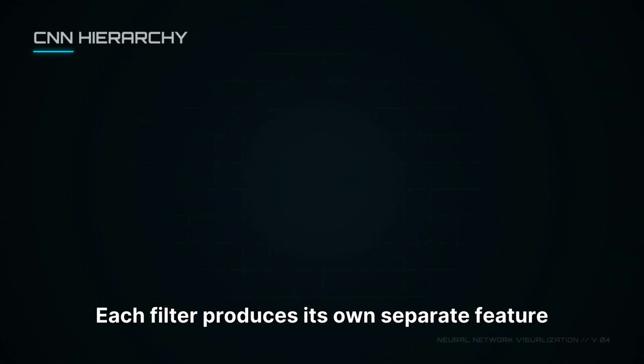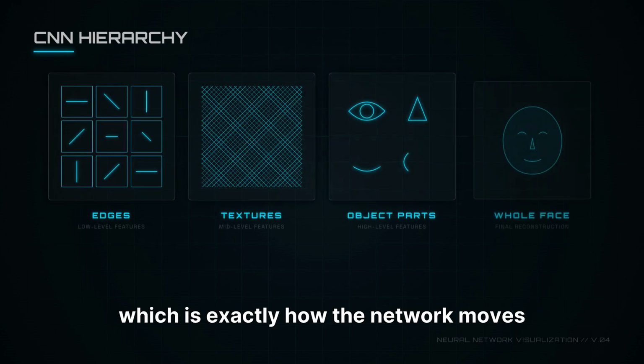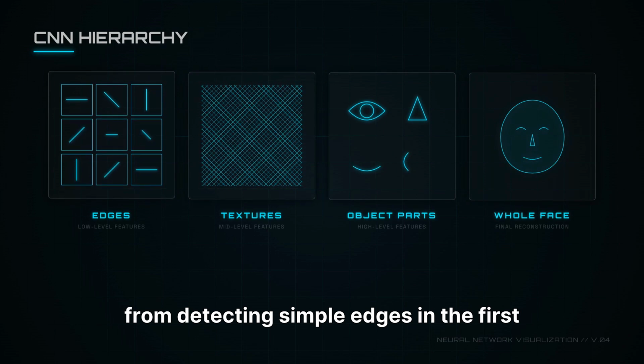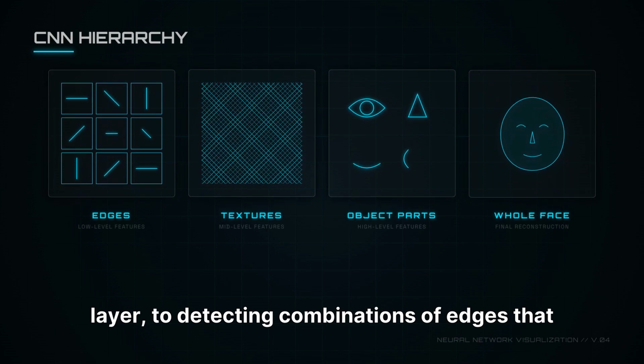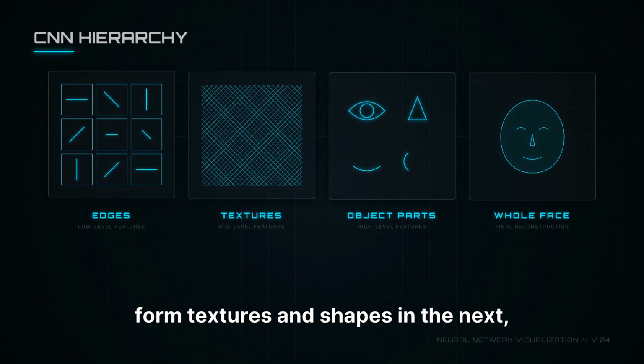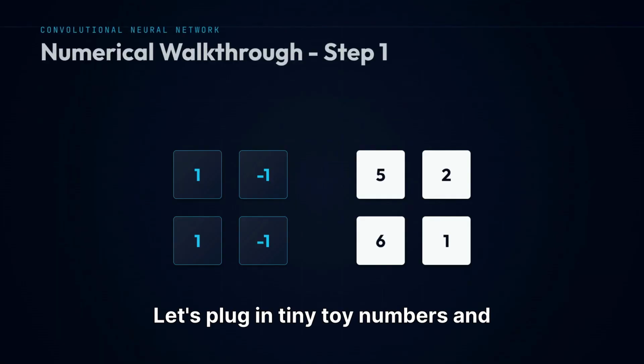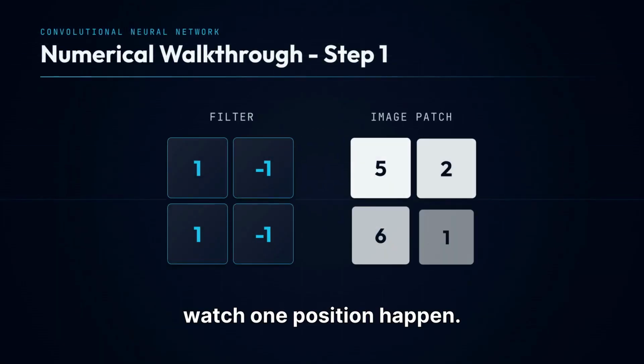This is exactly how the network moves from detecting simple edges in the first layer to detecting combinations of edges that form textures and shapes in the next, to whole object parts several layers deeper. Let's plug in tiny toy numbers and watch one position happen.